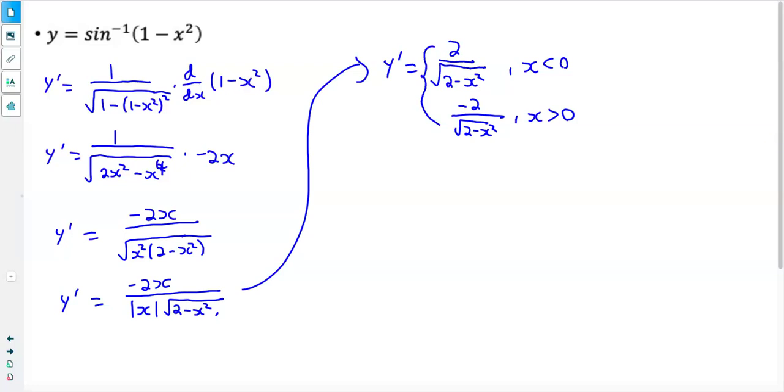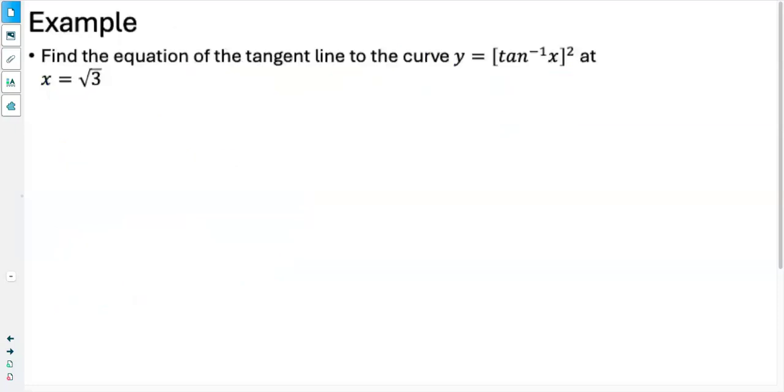Okay, so we'll do one more example. So we have: find the equation of a tangent line to the curve y equals tan negative 1 of x, squared, at x equals the square root of 3.